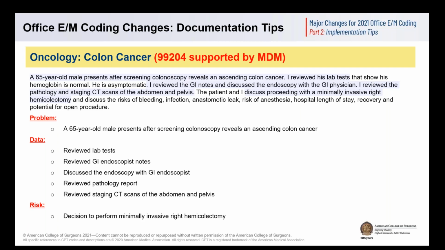The CT scans that were staging of the abdomen and pelvis were reviewed. And so then the patient and the surgeon discussed proceeding with a minimally invasive right hemicolectomy. During that discussion, the risks of the procedure were also discussed. So we have a problem, which is the 65-year-old male with the colon cancer, which is asymptomatic, the data that was reviewed, and the risk associated with the procedure that was recommended. Next slide.